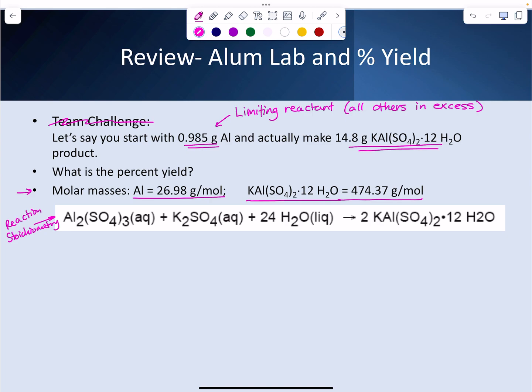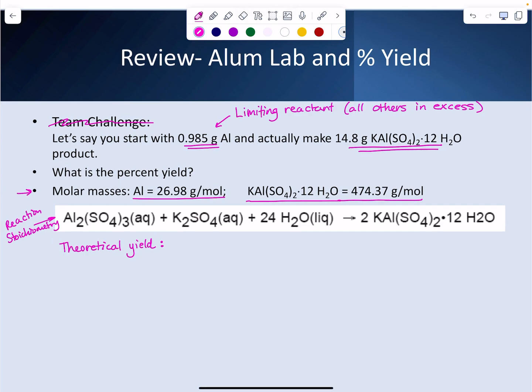All right, so the first thing we have to do is figure out our theoretical yield. Our reaction stoichiometry is going to tell us that this is the overall end one.